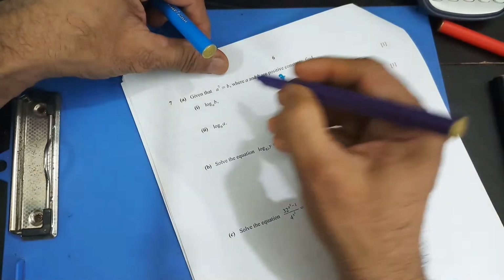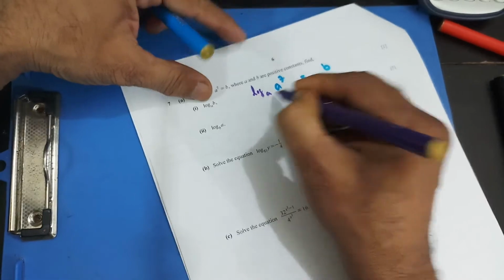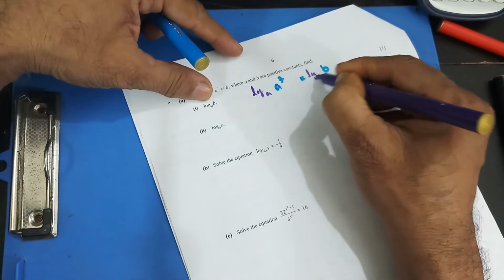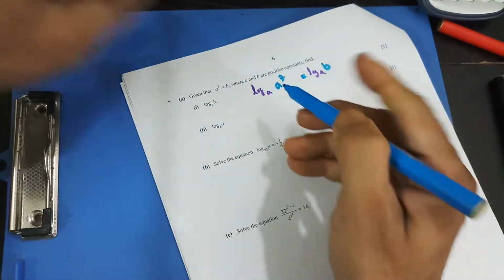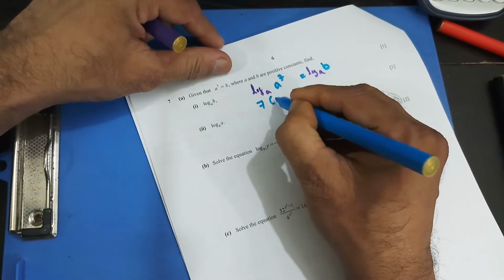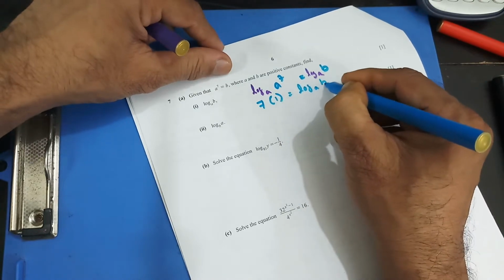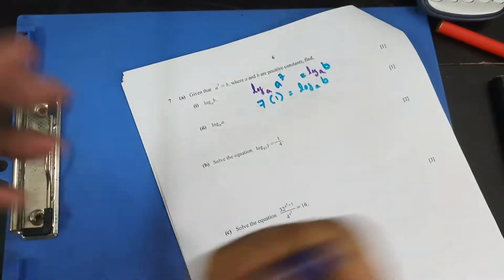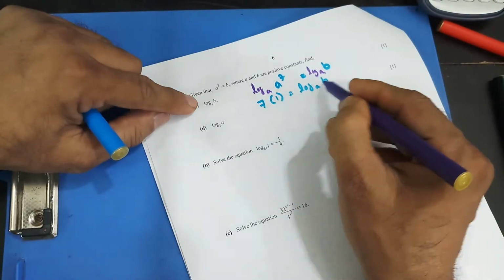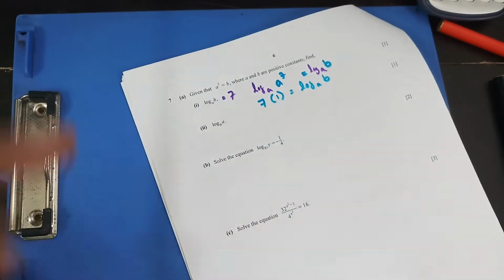Since the base is a, I'm going to take log base a on both sides. Now this can be written with the 7 up front. Log a base a is 1, and this is log b base a. So I have log b base a equal to 7. This is done.